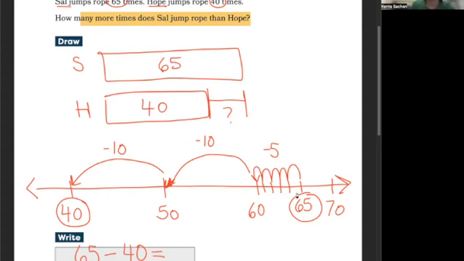Okay, so now I did 65 minus 40. So let's count together how many we have. 10, right? 10, 20, then 21, 22, 23, 24, 25. Or 20 plus 5 is 25. So 65 minus 40 is equal to 25.